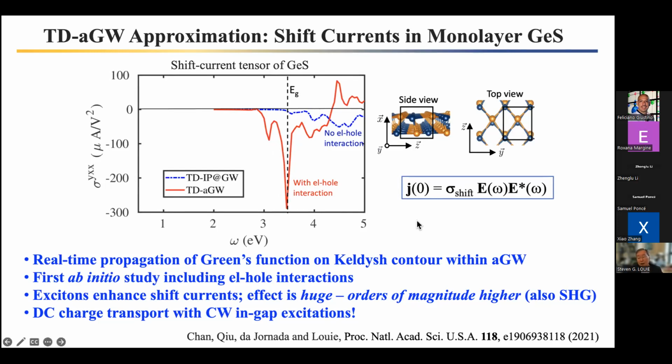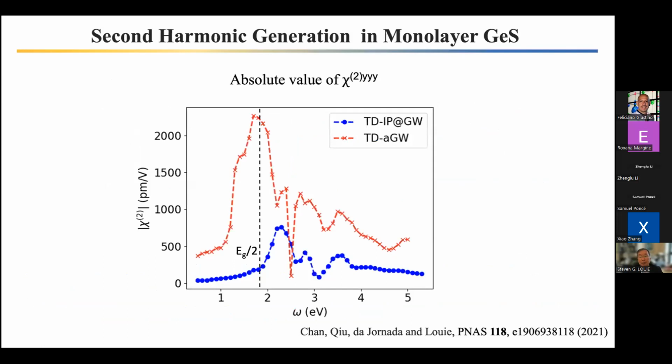In fact, if you look at other second-order processes, such as second harmonic generation, you find that excitons can also greatly enhance those second-order responses. Here's an example.